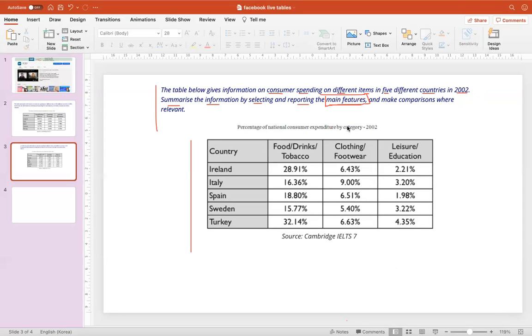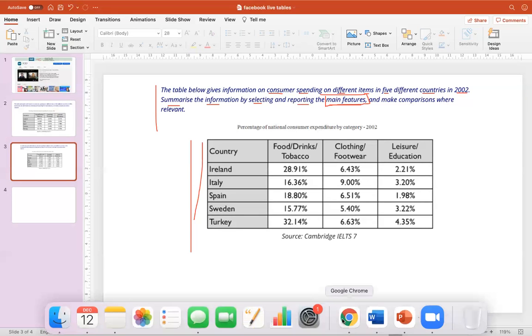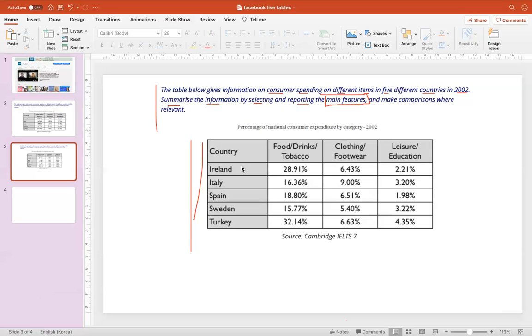You only choose the main things, all right? Now, our next job is to look at the table, first of all, to get a clearer picture of what the table is showing us, okay? So let's have a look at the table in detail.